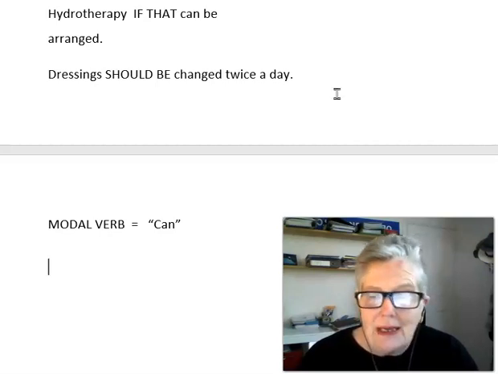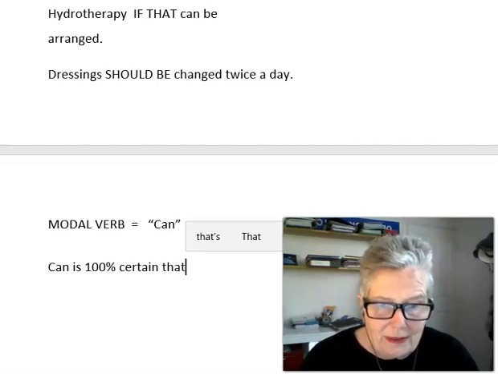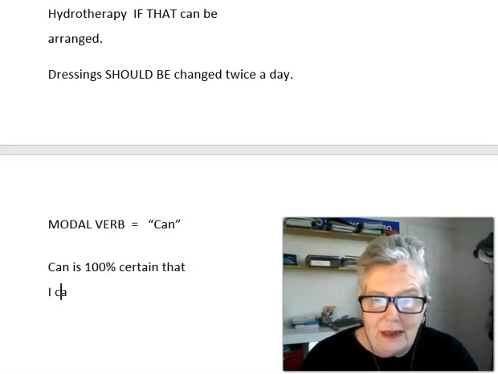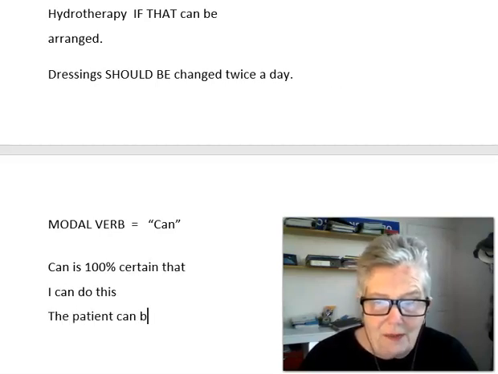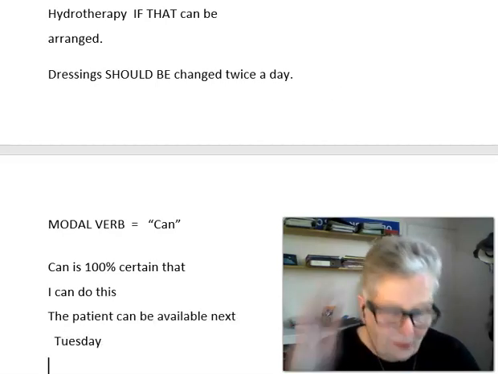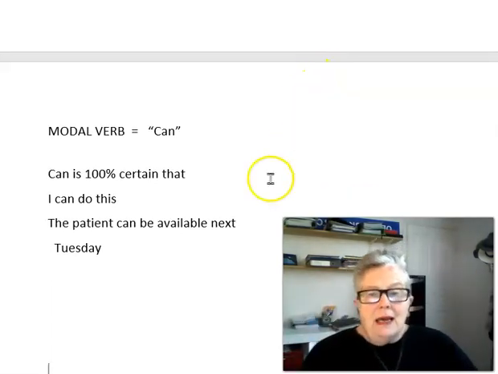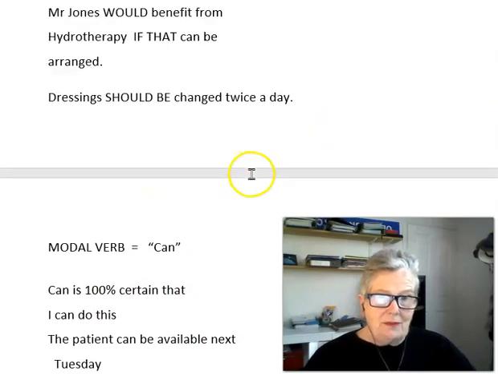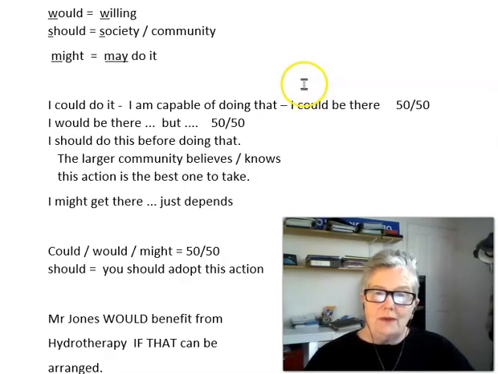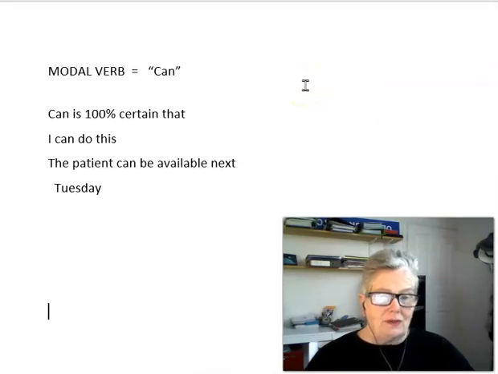Okay, so can is 100% certain that I can do this. The patient can be available next Tuesday. Some kind of thing. It's all very positive, all right? So can is 100% certain, but when you're writing would and could and should, right? It's a bit conditional.